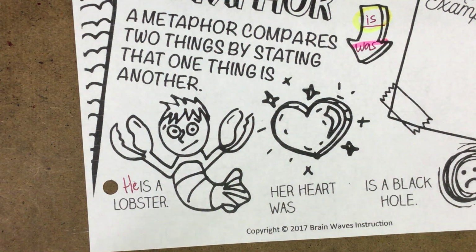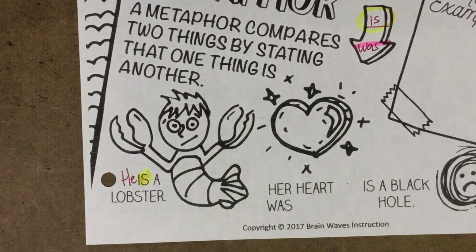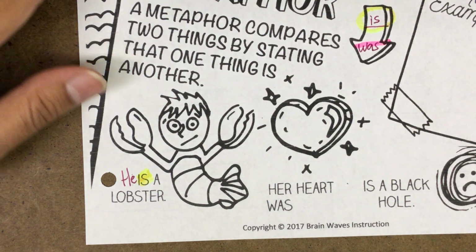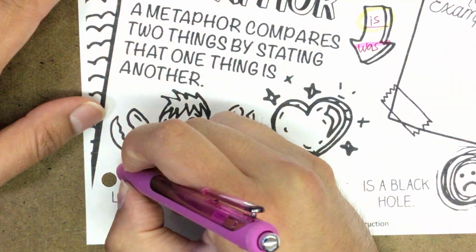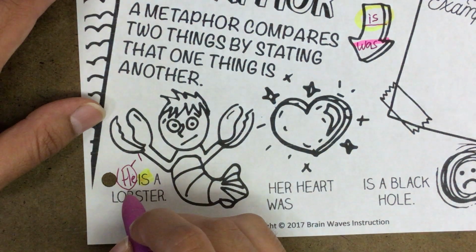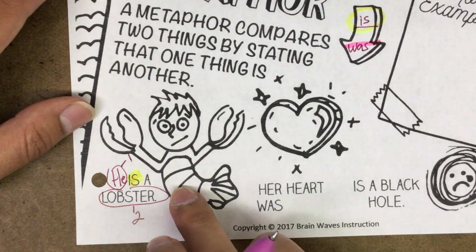I want you to use your yellow highlighter to highlight the clue word is, and we have to identify what two things are being compared. So he, that's a pronoun, meaning it's a boy, is being compared to a lobster. That's a second thing, and here's the illustration.